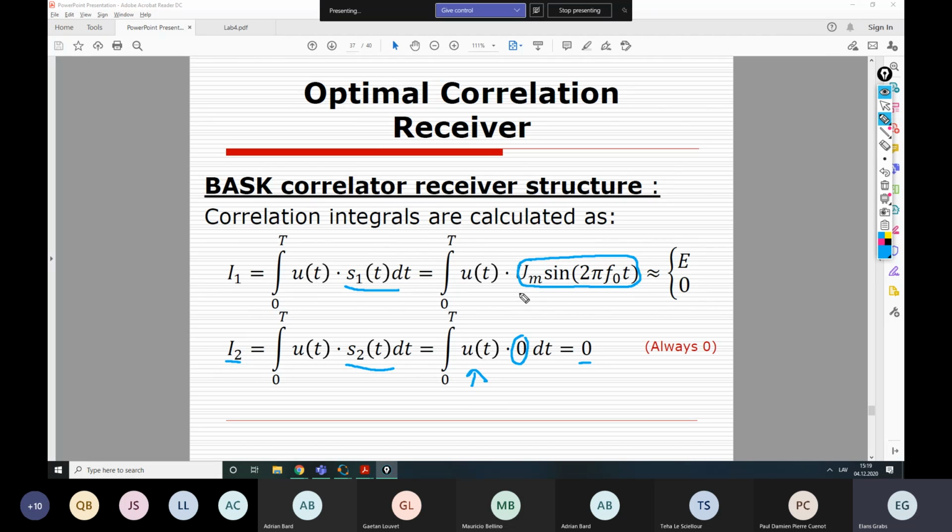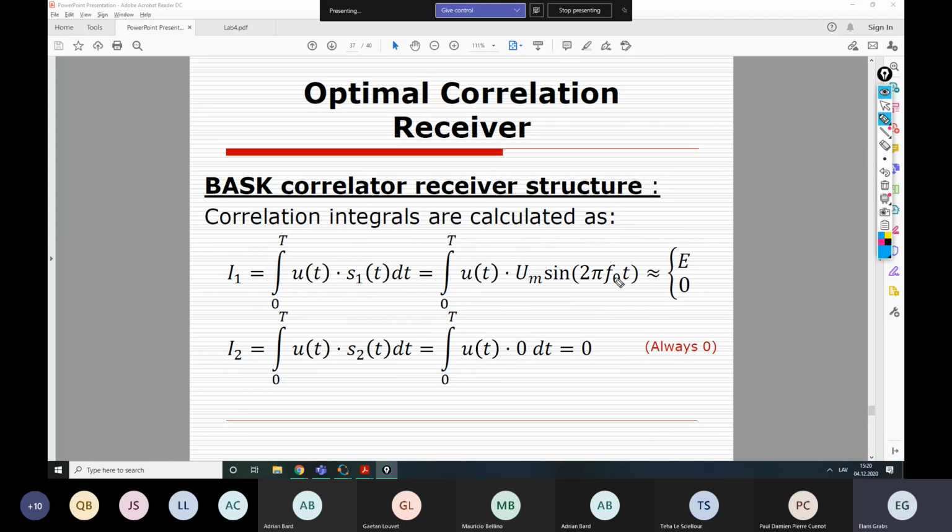Now, the first integral, however, depends on whether u is actually S1 or S2. So it could be this or this, and it would give us energy E if it's S1 and 0 if it's S2. Actually, it would give approximately energy and approximately 0, because we have noise, which will change these values a little bit or a lot, depending on the noise power.